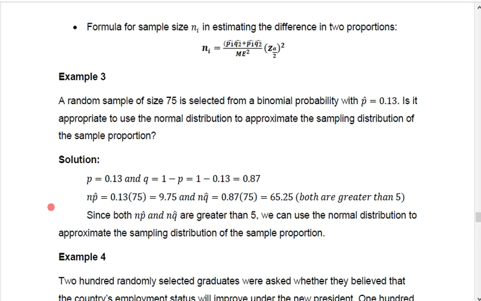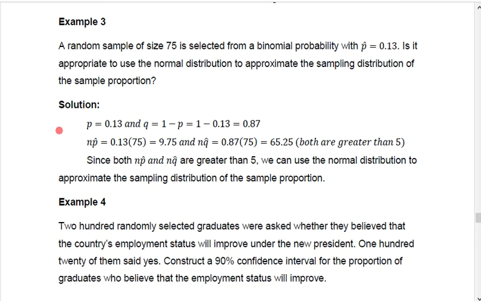Okay? A random sample of size 75 is selected from a binomial probability with p is equal to 0.13, and it is appropriate to use the normal distribution to approximate the sampling distribution of the sample mean. Okay? So, population p is equal to 0.13. So, q is equal to 1 minus p. So, yung q natin ay 0.87. Okay?